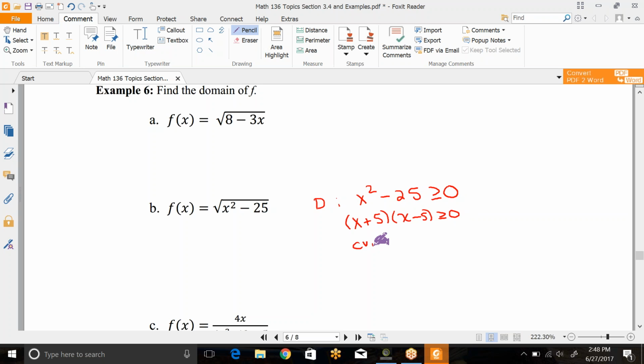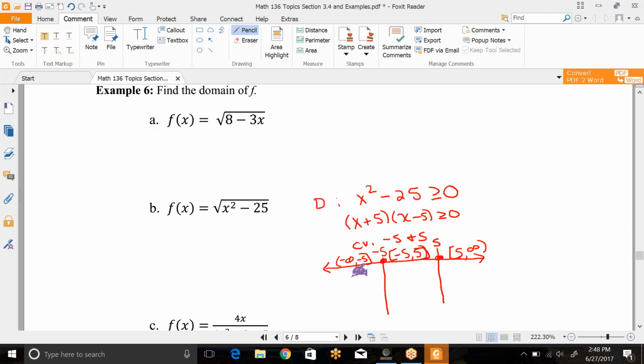So we have critical values of -5 and 5. We place those, remember, on a number line for our chart, smallest to biggest. And they're both closed circles since they are equal to and they're not in a denominator. So this would be -infinity to -5 and -5 to 5 brackets and then 5 to infinity.